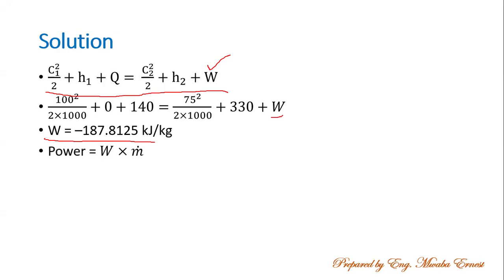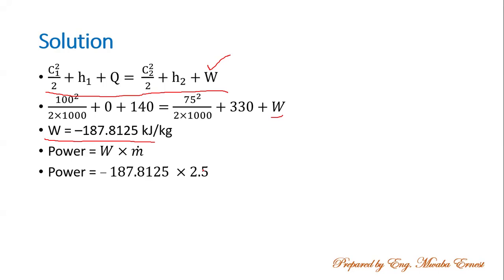We say power is supposed to be a product of work and the mass flow rate. Work done per second, whether work done per kg multiplied by the flow rate, amount of kgs flowing per second. Then what you end up with has to be in kilowatts. So the mass flow rate was 2.5 kg/s. Work we've just found as negative 187.8125.